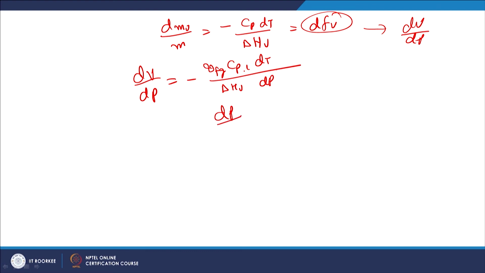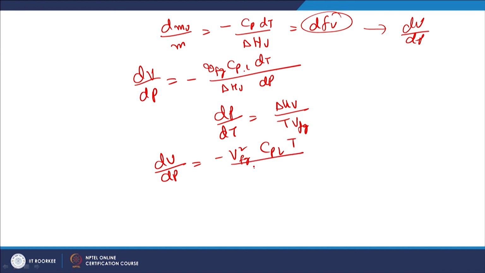So, dP over dT is equal to delta HV upon T VFG. If we combine the equations, then we will get dV over dP is equal to minus VFG squared Cpl T upon delta HV squared.